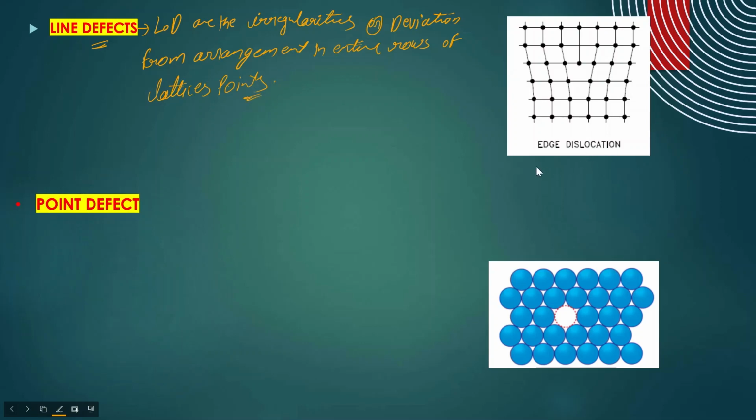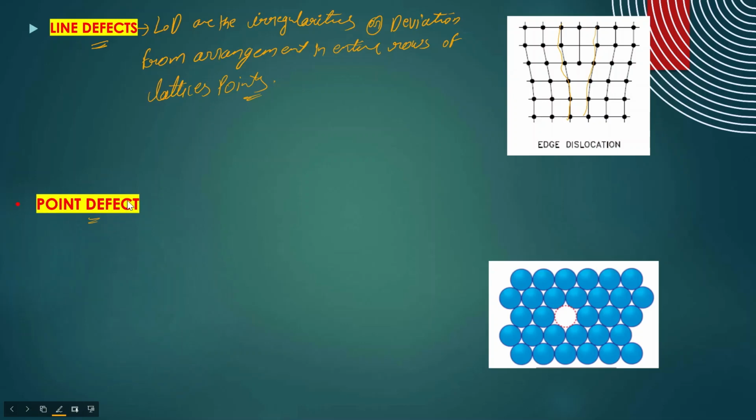Here you can see in this picture, here the points are dislocated in the edge. Okay, like that here. So due to the dislocation of the point, here the edge length is also dislocated, and this type of defect is called what? Line defect, as we previously saw in the picture.